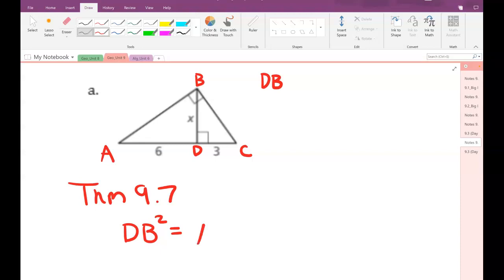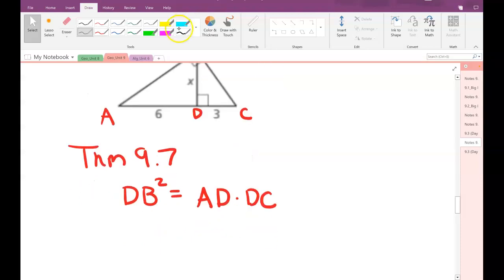So DB squared is equal to AD times DC. From there, I have enough to plug in values now. We know DB is x, so x squared is equal to AD is 6 and DC is 3.